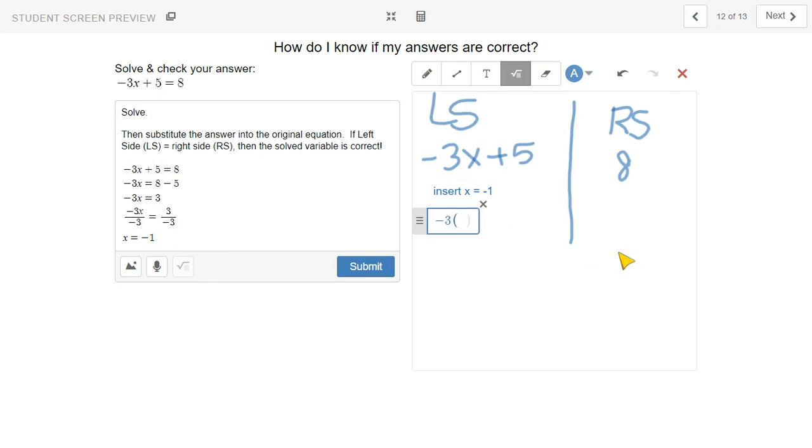So negative 3 times negative 1 plus 5. This, when simplified, equals 3 plus 5. Simplify it again. This is equal to 8. So since the left side is equal to the right side, we know that the answer is correct.